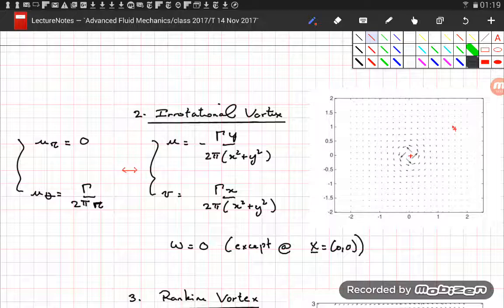It's not defined. So the vorticity is equal to 0 everywhere except at the origin. What we discussed is that you can think of the rotational vortex as a flow where there is no vorticity anywhere except at the origin, where you have an infinite amount of vorticity.